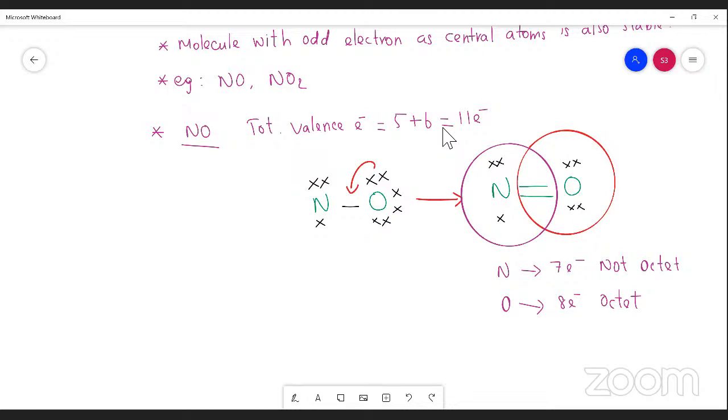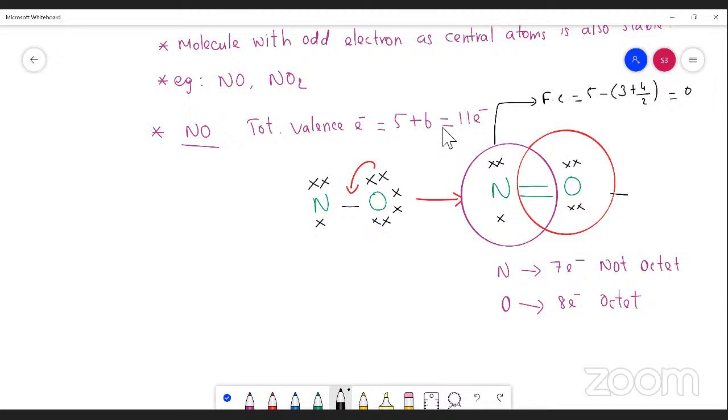Now we take the formal charge. Formal charge of nitrogen is 5 minus the number of lone pair electrons, 3, plus half the bond pair electrons, 4 by 2, that is 2. So 5 minus 5 becomes 0.